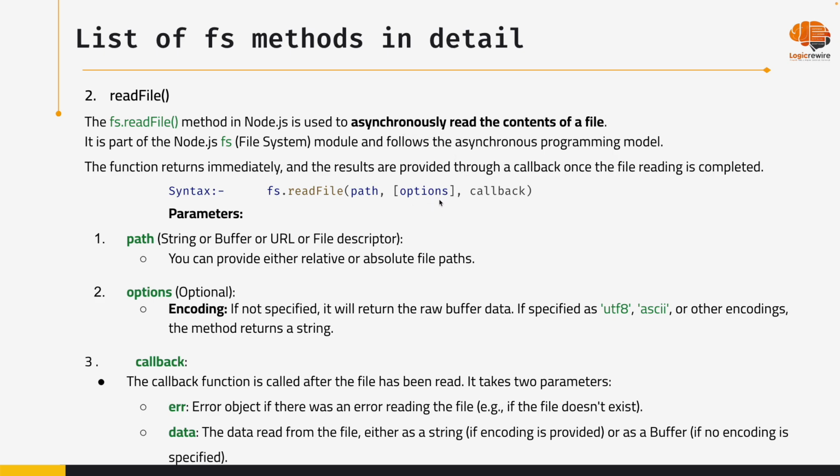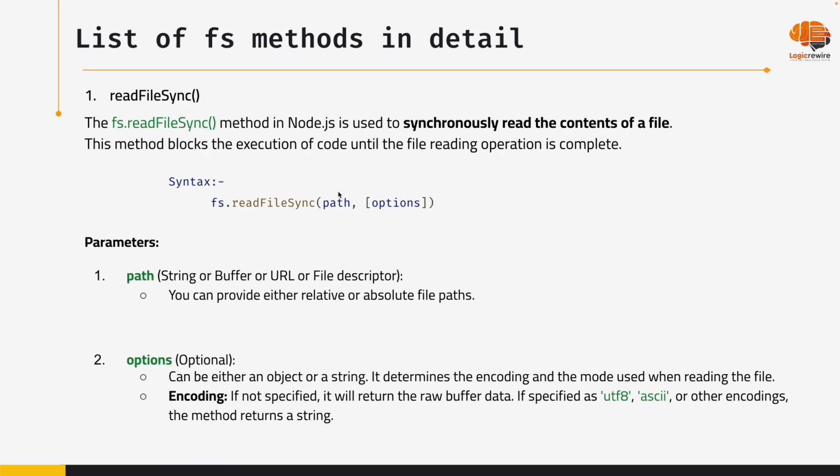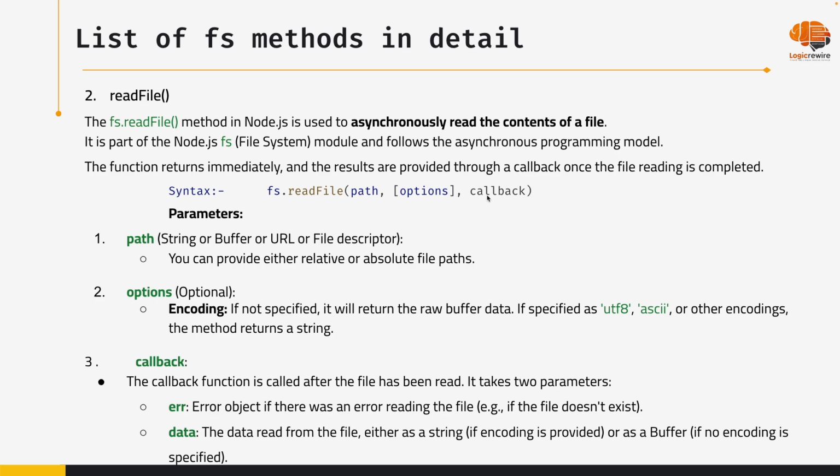So we have to use asynchronous, which means we have to use a callback. You can see the difference here: for readFileSync it is path and option, but here it is path, option and callback. This callback takes two parameters by default. The first parameter is the error and the second parameter is the data. If you are reading the file but there is an error, or you are not able to get that file, it will give the error as the first parameter.